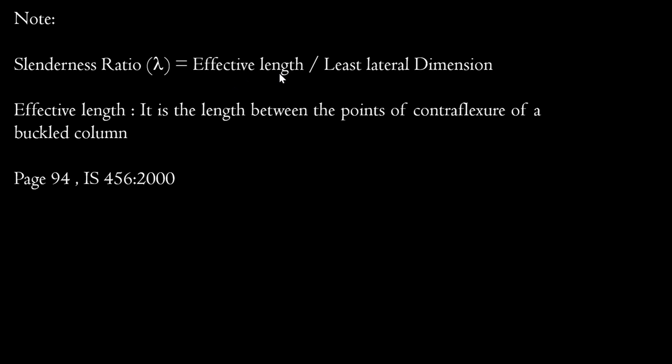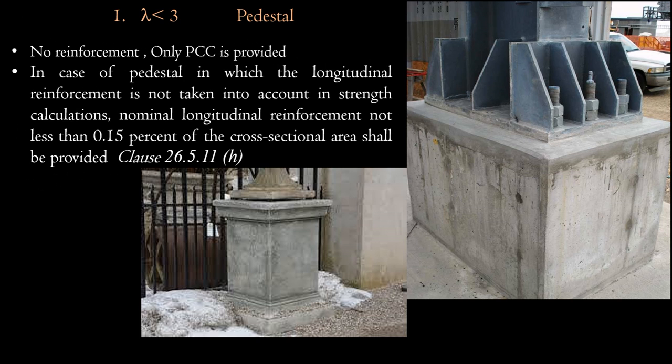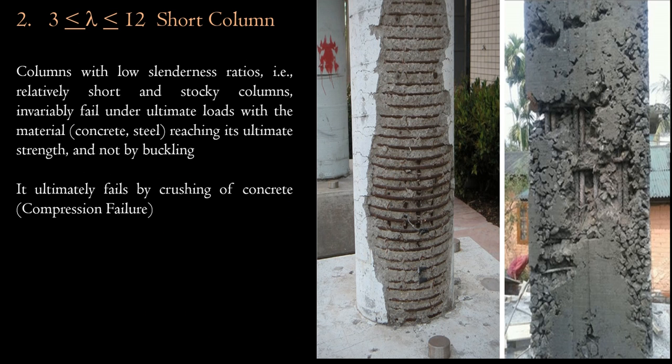If I am taking the x direction, then the least lateral dimension is D, and if I am taking the y direction, the lateral dimension is B. I'll discuss that later. So according to your code, a short column means LEX by D and LEY by B must be less than or equal to 12.